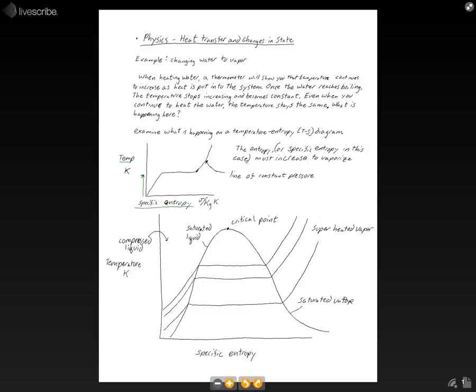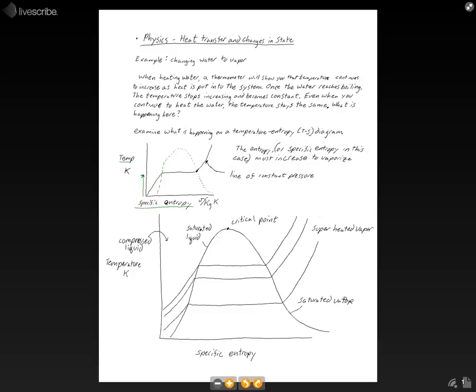So what's happening here is this is actually hitting what is called the vapor dome. And basically what's happening is it is beginning to change state. So it's going from being a full-on liquid to becoming something of a gas liquid mixture.